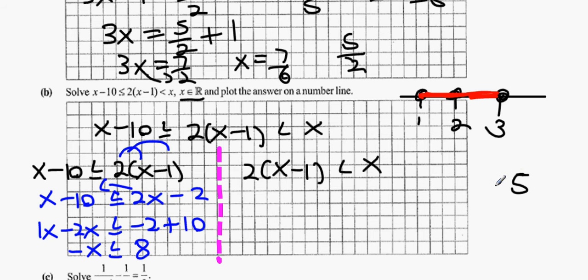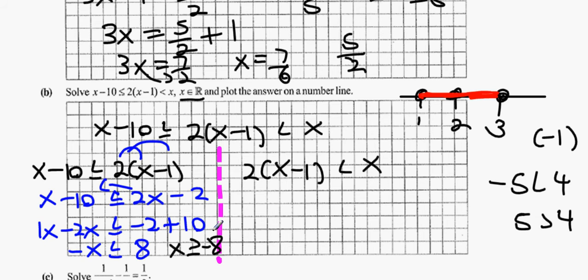If I was to say minus 5 is smaller than 4, and I multiply both sides by minus 1, then I could say that 5 is greater than 4. You see the way you have to spin it around. So I'm going to multiply both sides by minus 1, and I'm going to get x is greater than or equal to minus 8.